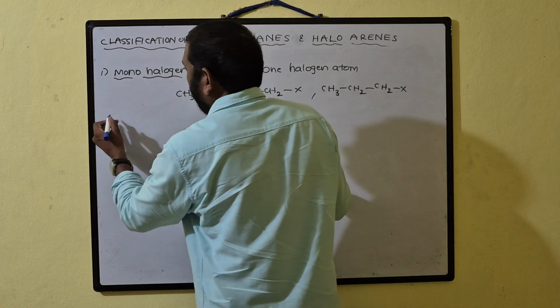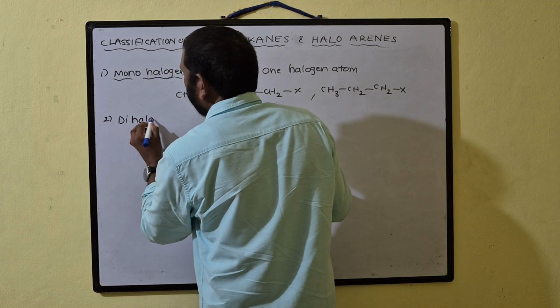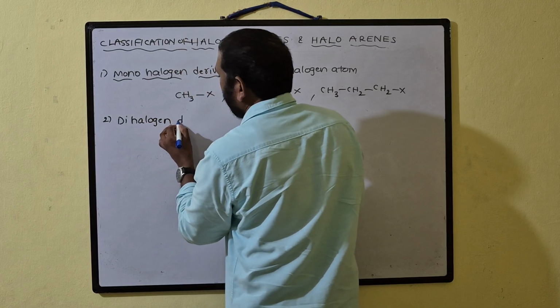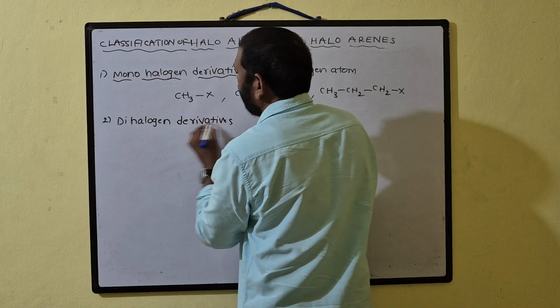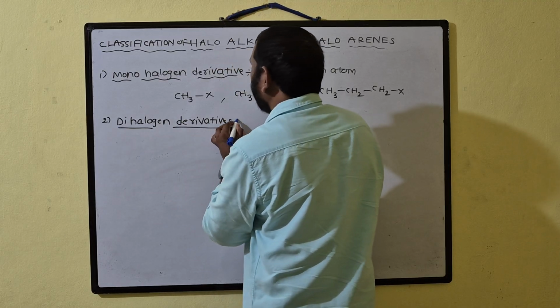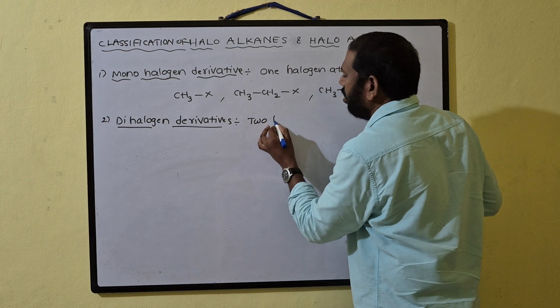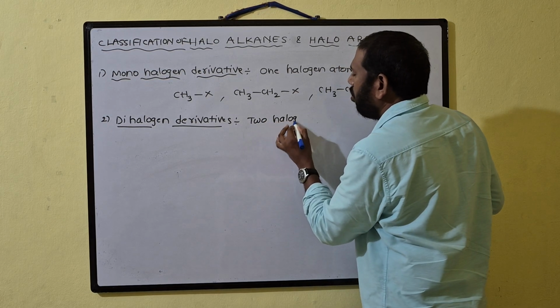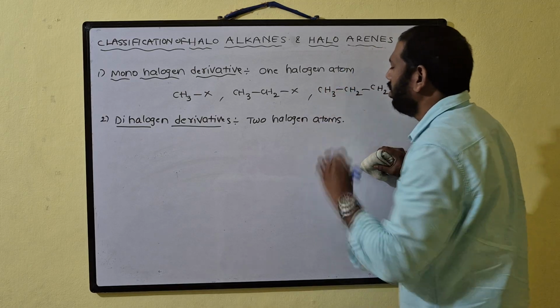Coming to the second one, dihalogen derivatives. If the compound contains two halogen atoms, those are called dihalogen derivatives.